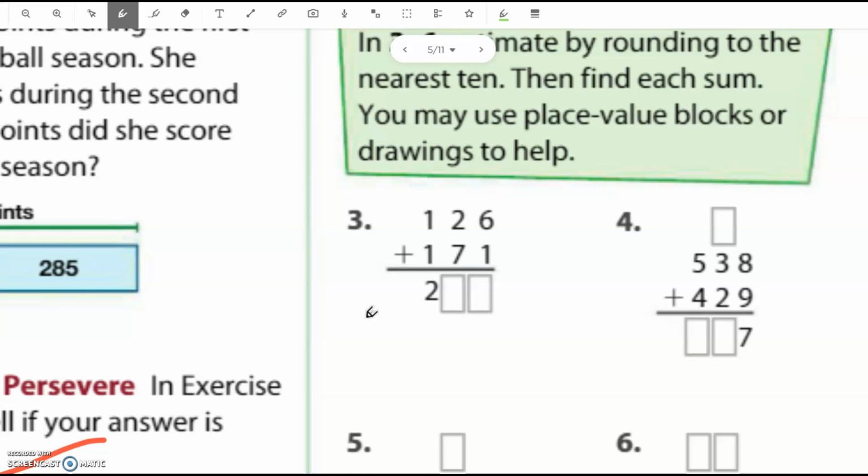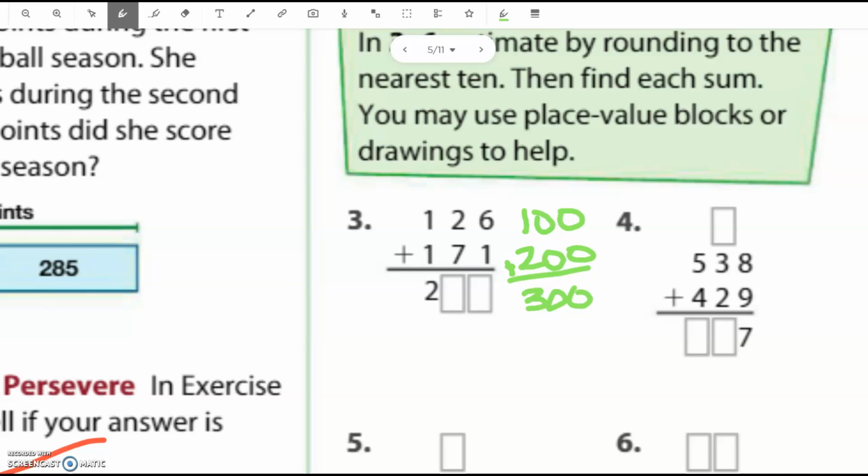So I know that 126 rounds to 100. It's closer to 100 than 200. And 171 rounds to 200, closer to 200 than 100. 100 plus 200 is 300. So whatever my answer is should be close to 300.